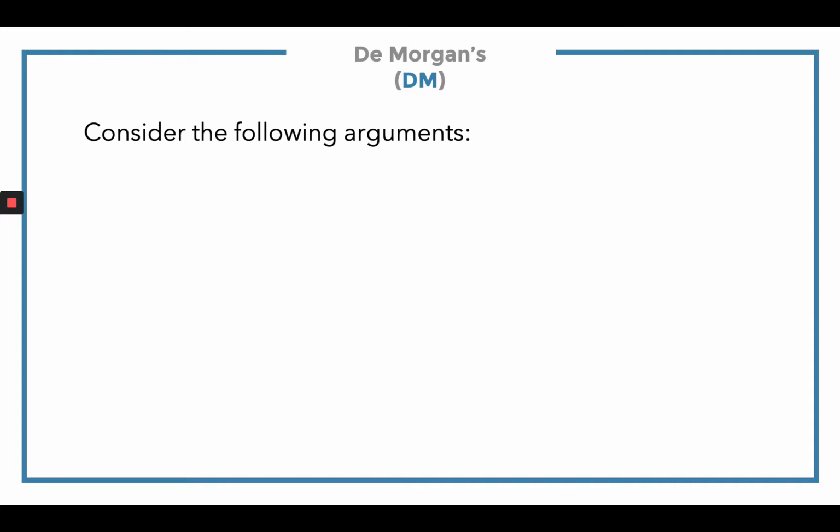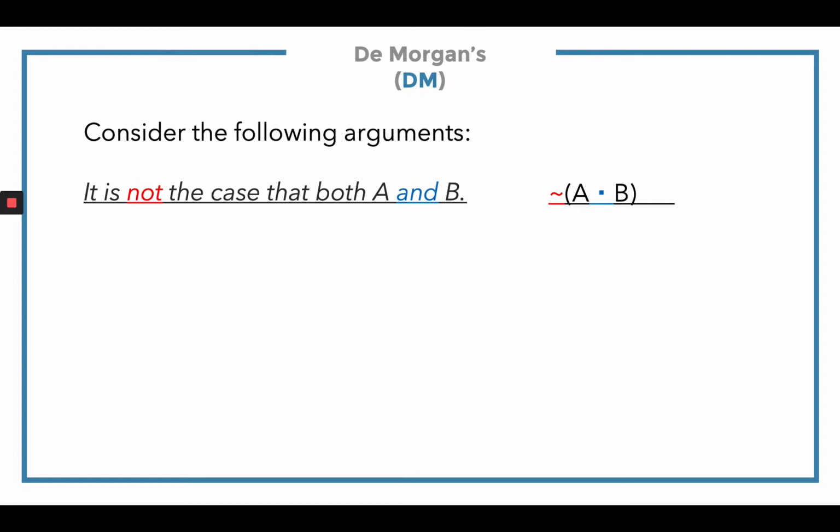So first we're going to talk about De Morgan's. Let's look at an argument. So say someone was to say, it's not the case that both A and B are true, that Ada and Boston are in Ohio.